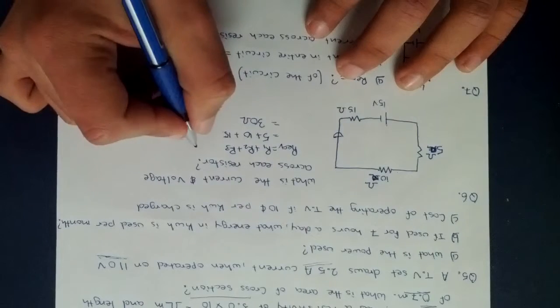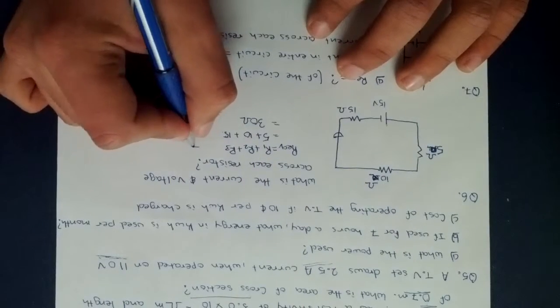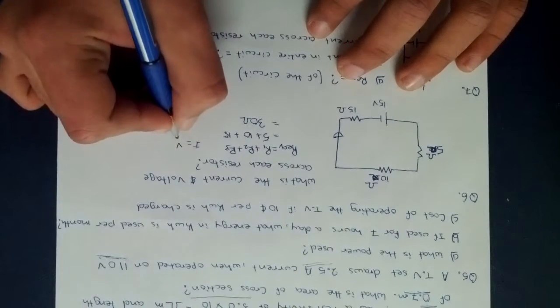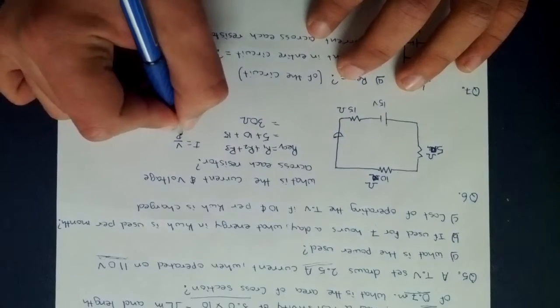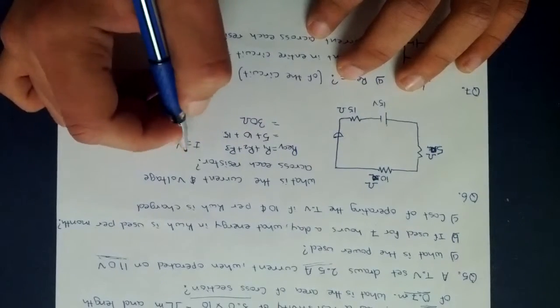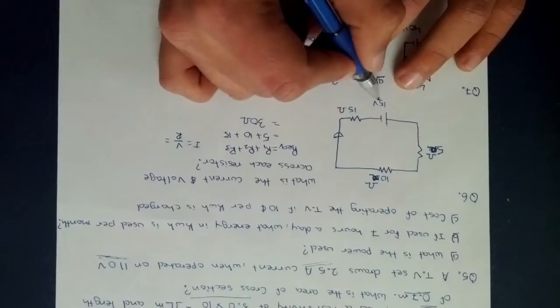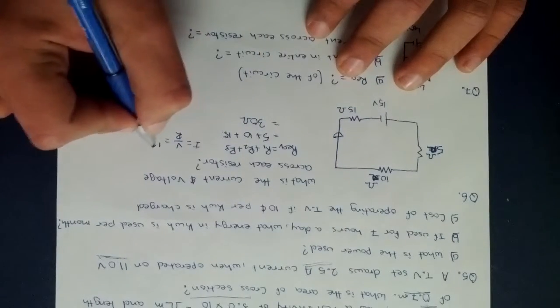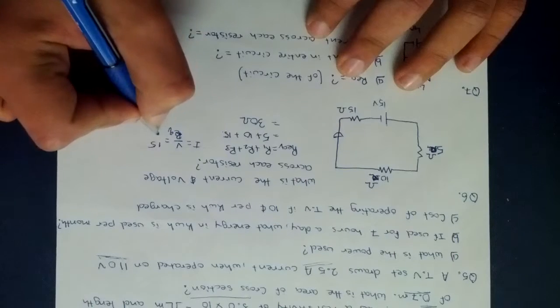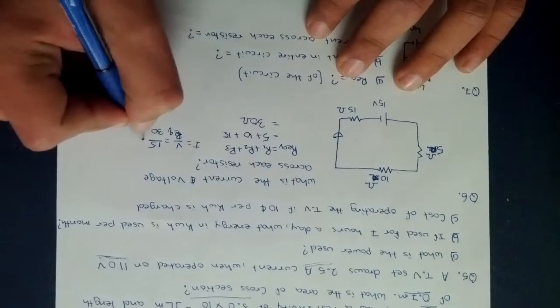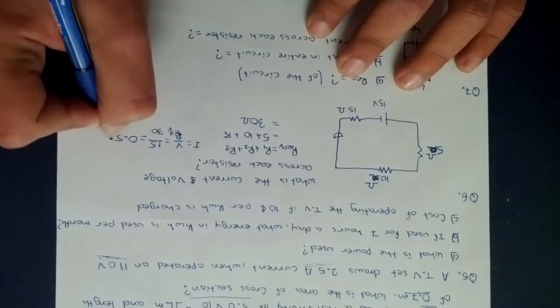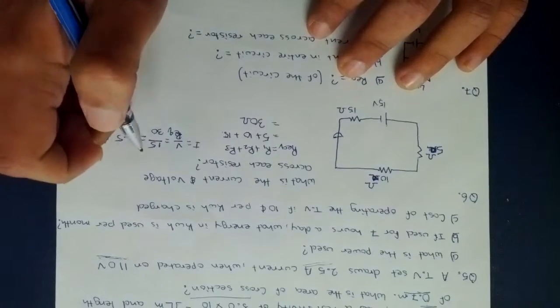Then we use I equals V over R, which is just the rearranging of R equals V over I. V is 15, Req is 30, and we get 0.5 amps.